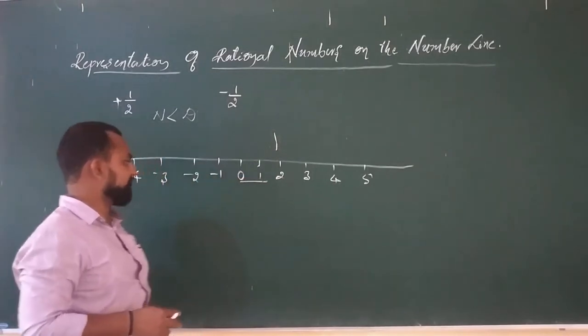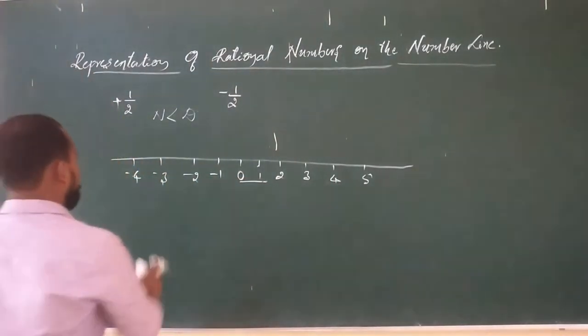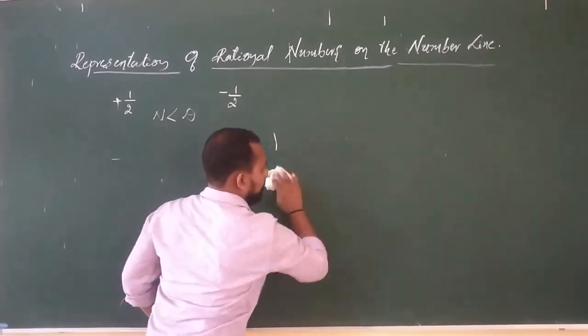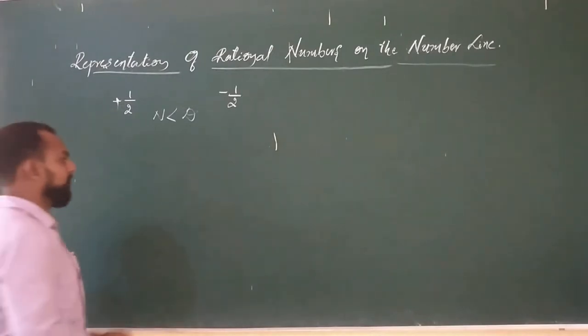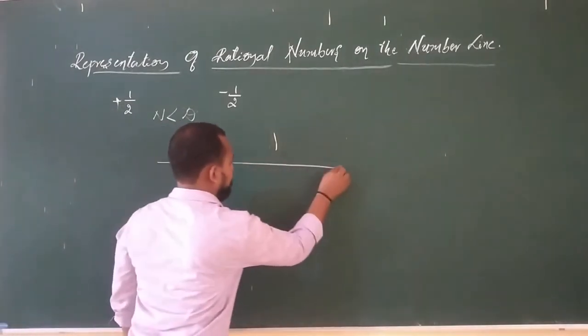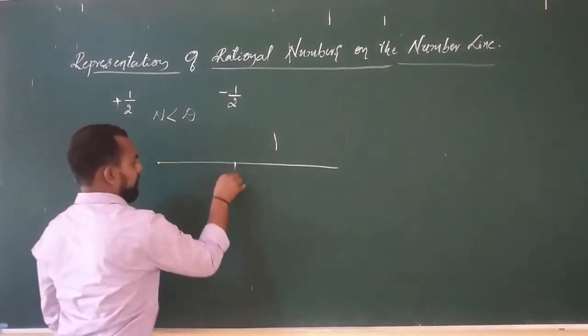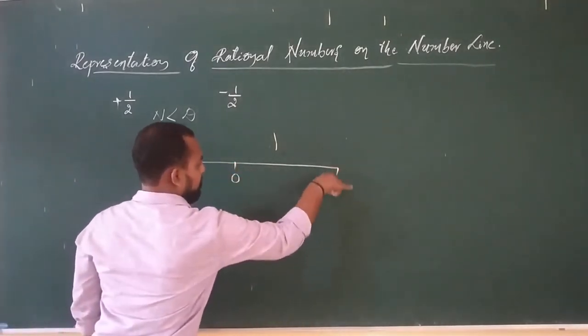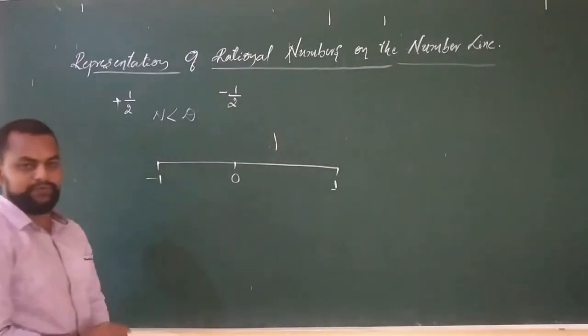Here we take the number line. We need the numbers from 0 to 1. This is 0, this one is 1 and this one is -1.